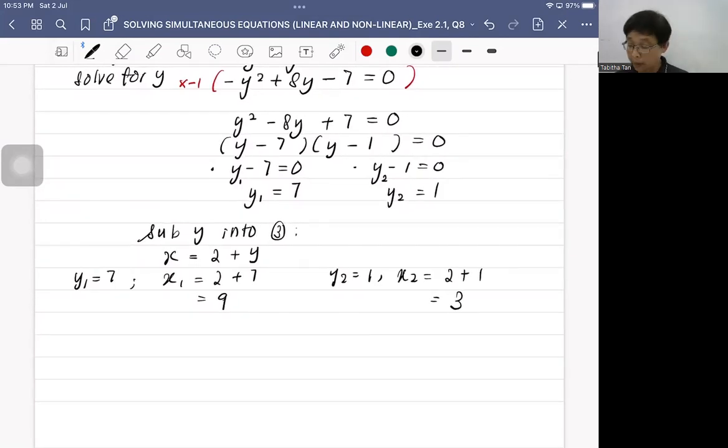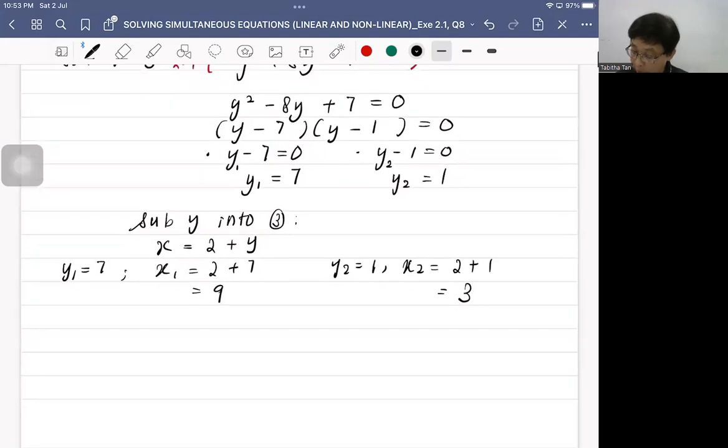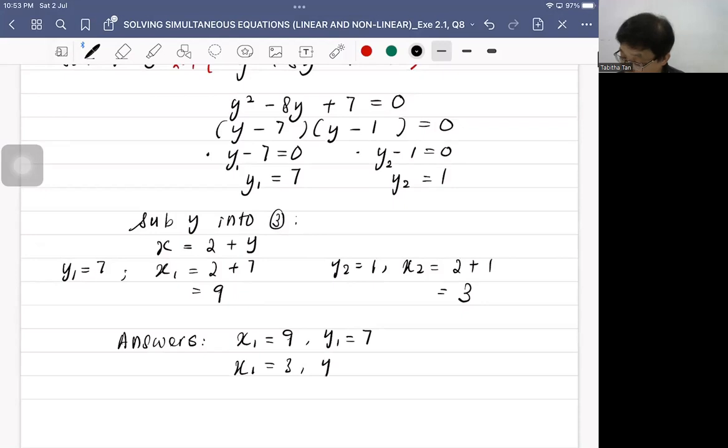Therefore, we have done that, but let us be organized and conclude the answers accordingly. When x1 equals 9, then y1 equals 7, and when x2 is 3, y2 is 1.